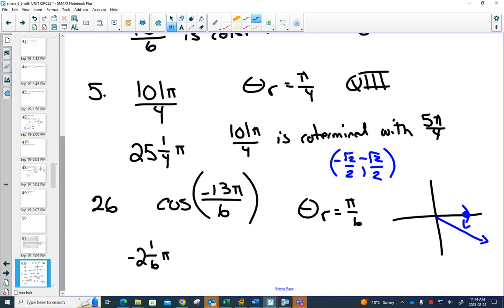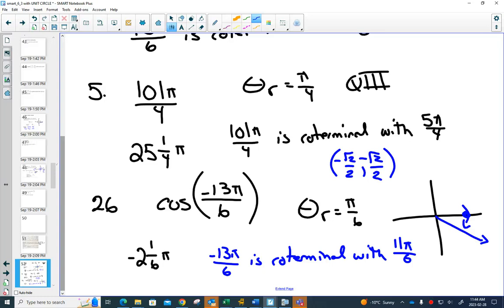So we could say for assignment 1 that negative 13 pi over 6, what's our quadrant 4 pi over 6 family? It's coterminal with negative 11 pi over 6.